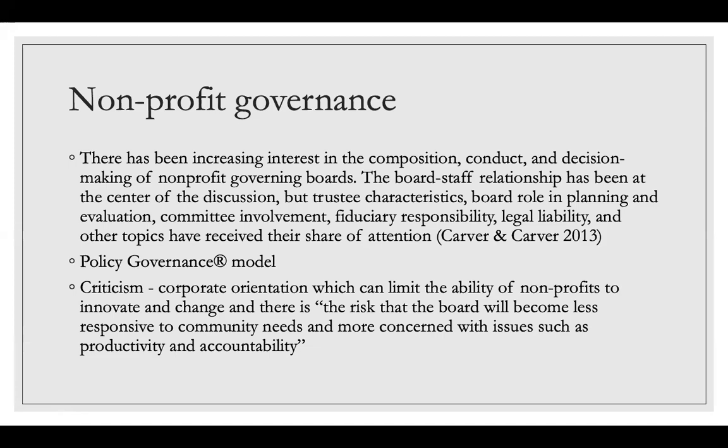And the model comprises 10 principles. You will have to read up on these, but the first 3 principles address ownership, governance position, and the board, and look at defining the organization's ownership, the responsibilities of the board, and the board's authority. Those are principles 1 to 3.